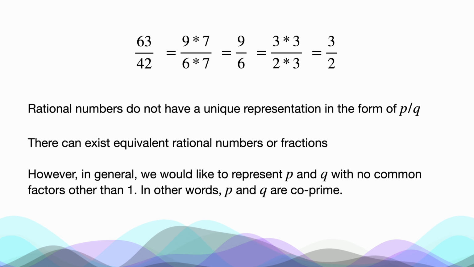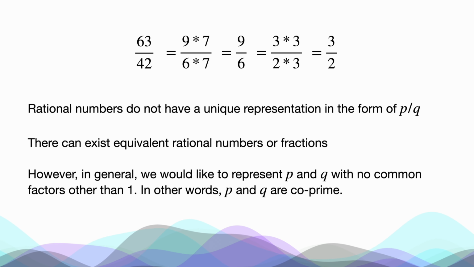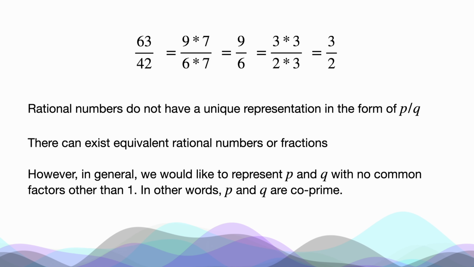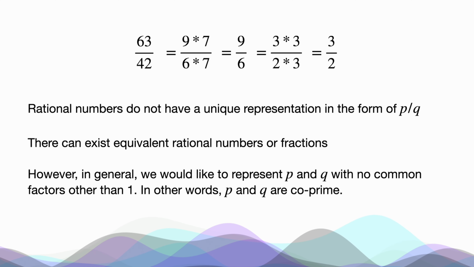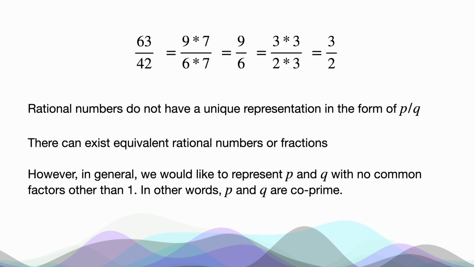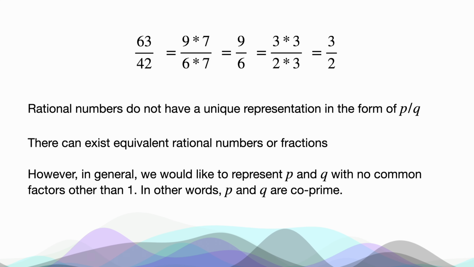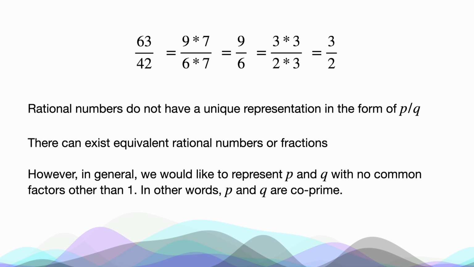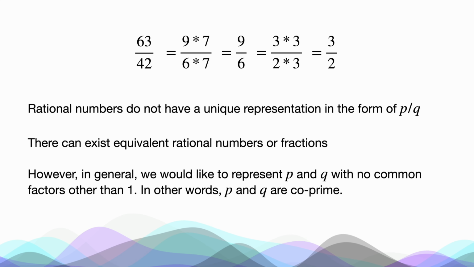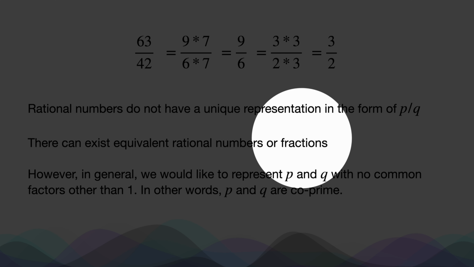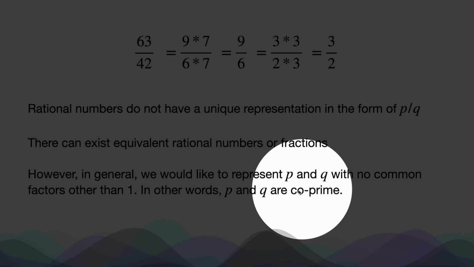But generally when we are writing, it is always nice to represent p and q with no common factors other than 1. In other words, we say p and q are coprime. What are these coprime numbers?